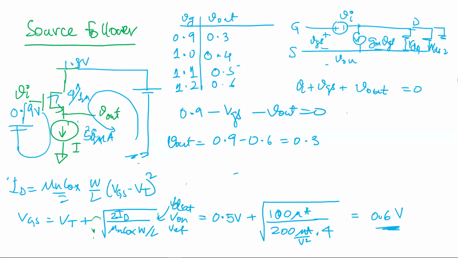It will be VGS minus VI minus VO. I think the sign is fine, but basically you put a KVL around this loop, and then this is GM times VGS times RDS.